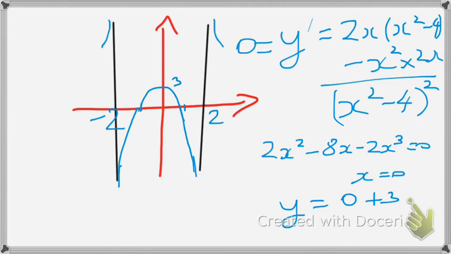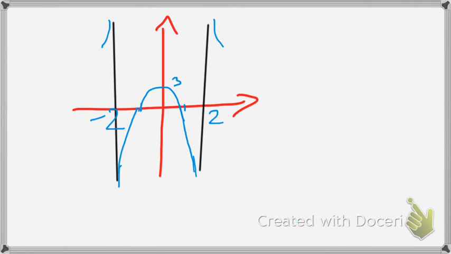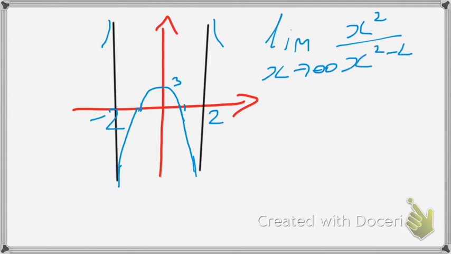The only other thing I need to know now is what happens as x approaches infinity. Yeah, so I'm going to do some strategic erasing again. And I'm going to do exactly the same thing we were doing today. So the limit as x approaches positive infinity, and remember it's an even function, so anything I do over here will work for minus infinity as well.